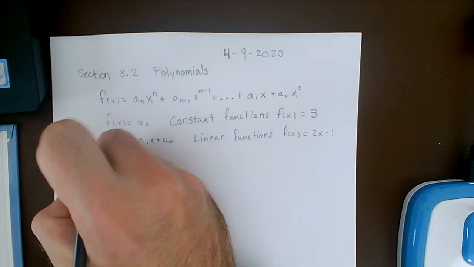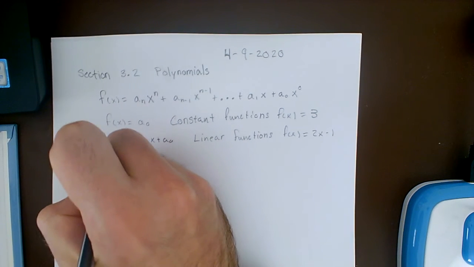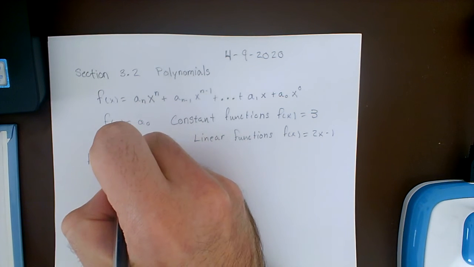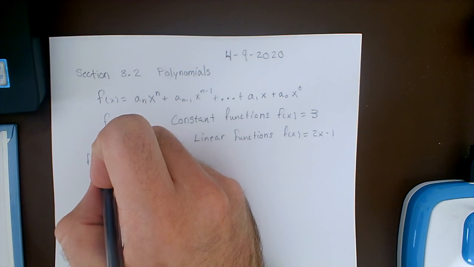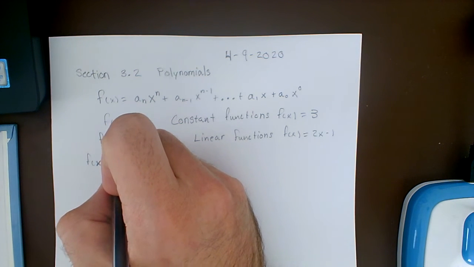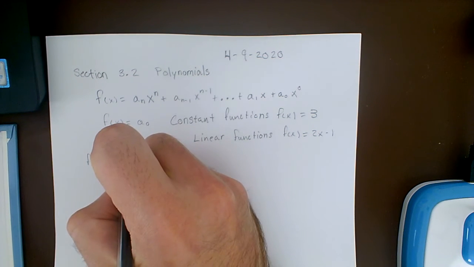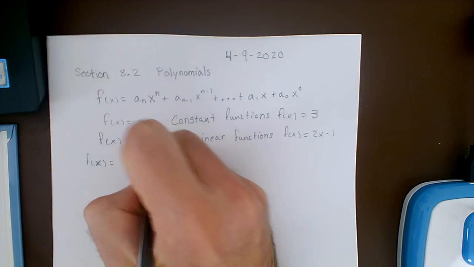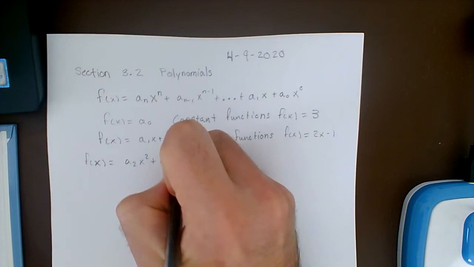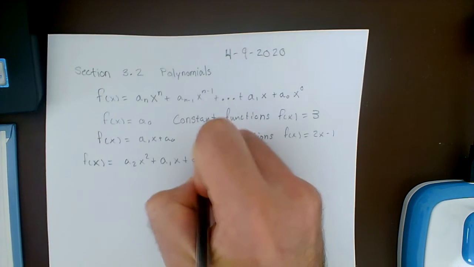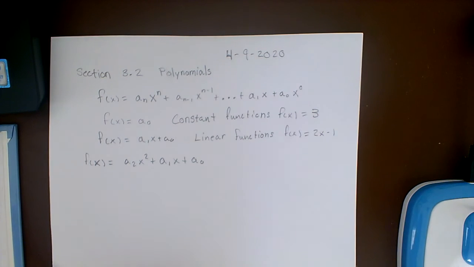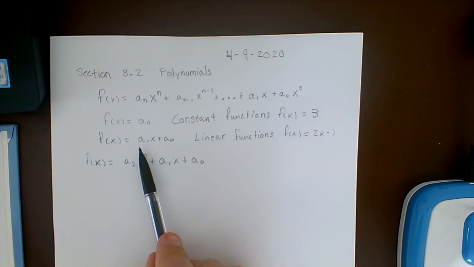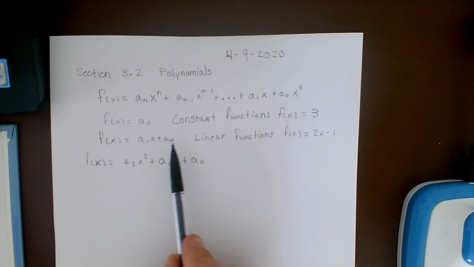We've also talked about quadratic functions last section. So that would be like a2x squared plus a1x plus a0. So note, when we talked about linear functions, instead of a1 and a0, we said mx plus b. But it doesn't really matter what you call those constants, right?